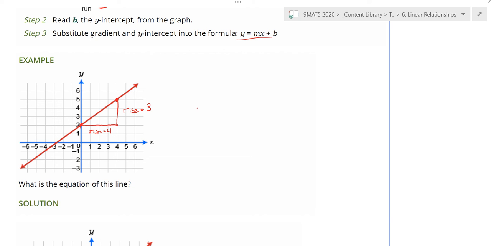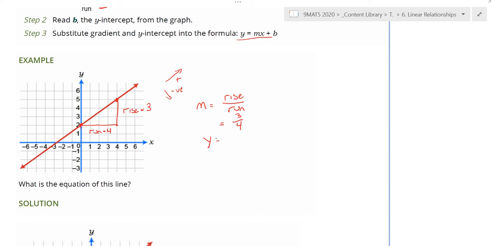My gradient, m, is equal to rise over run, which is 3 on 4. I'm looking at it. It's positive going up, negative going down. My gradient is positive 3/4. Now the next thing I'm going to do is have a look at what the value is where x equals 0, what's the y value, the y-intercept, and that value is 2.